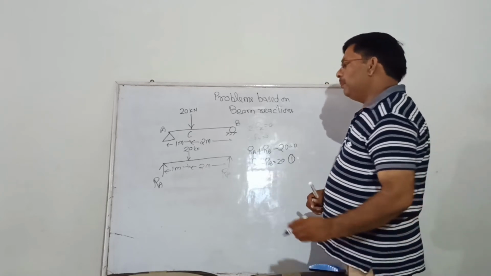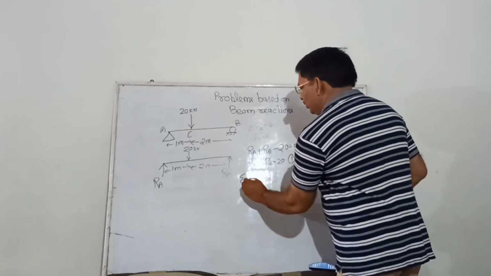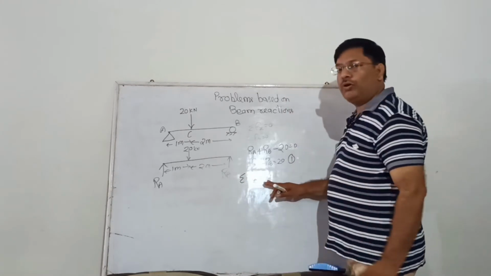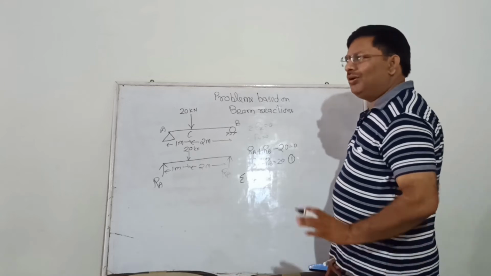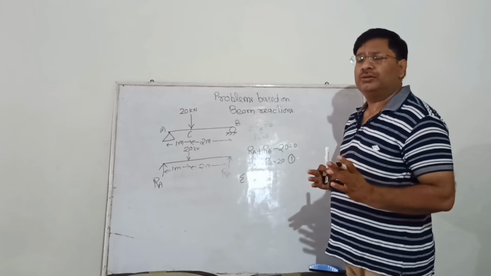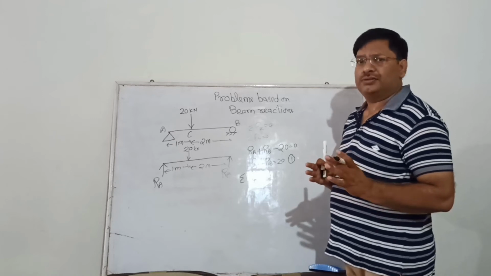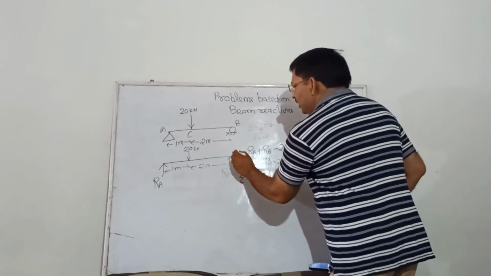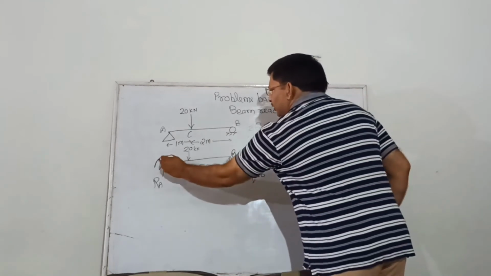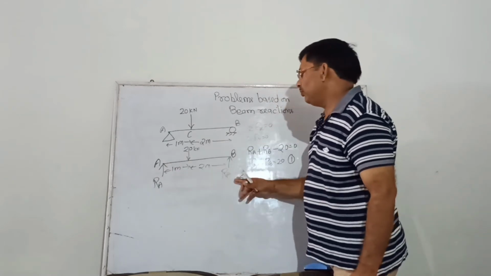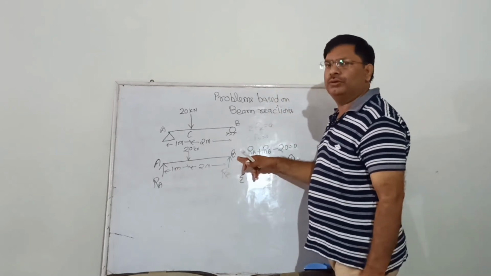Now we will apply the third equation, which is sigma M equal to 0. Sum of all moments must be 0. Now we try to take the moment about those points at which we are having the number of reactions. We can see that one reaction is acting at B and one reaction is acting at A. So either we can take the moment about A point or about B point.